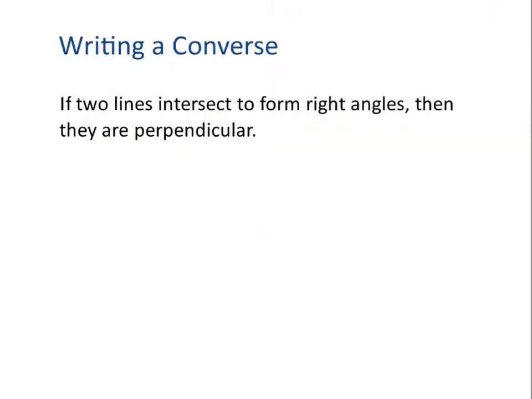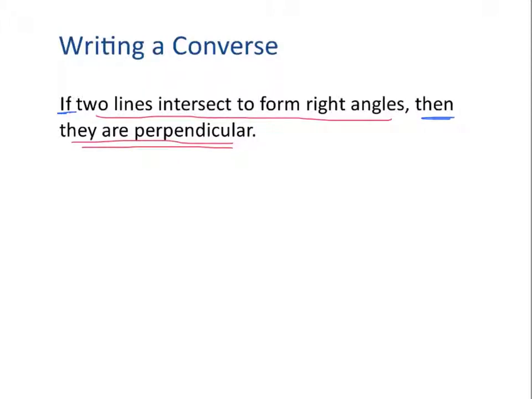Now, in this first example, if two lines intersect to form right angles, then they are perpendicular. I want to write the converse of that sentence. The sentence is already in an if and then form. Here's the if, here's the then. So it's already conditional. Once it's conditional, I want to switch the if and the then. So the if part becomes the then part, and the then part becomes the if.